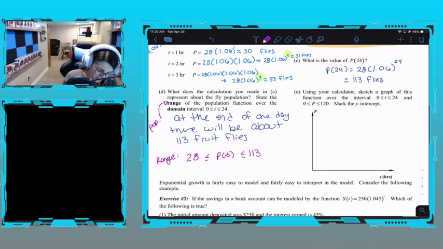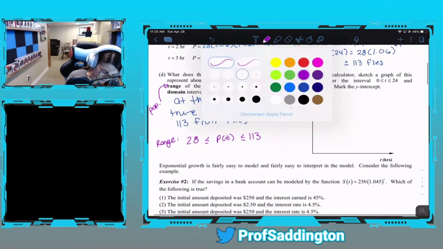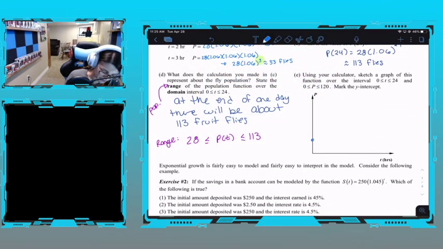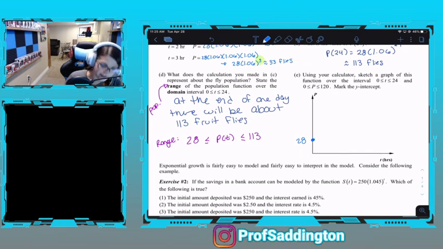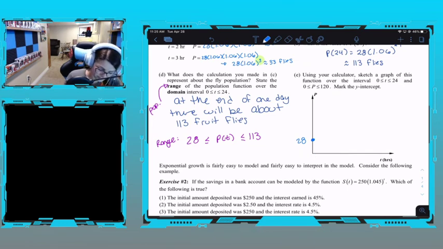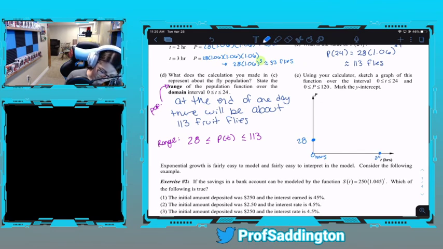If we were to graph this function, which you can just sketch in your notes, it doesn't have to be exact. We started at 28. Remember, it's 0 time. This is 0 hours. We were at 28. And then at 24 hours, we were at 113.